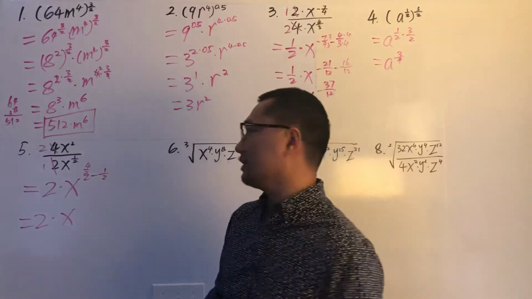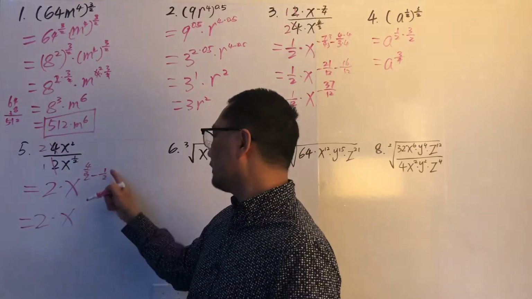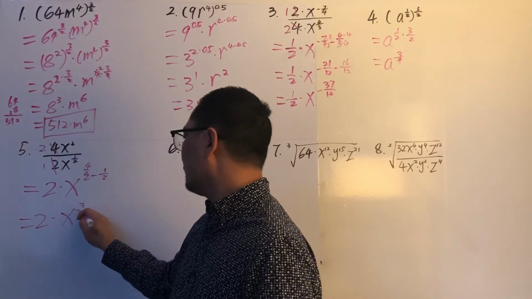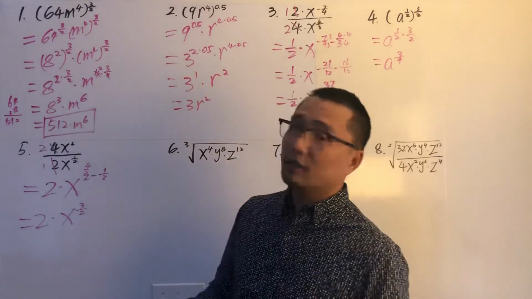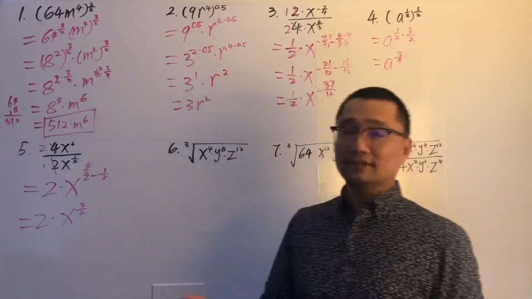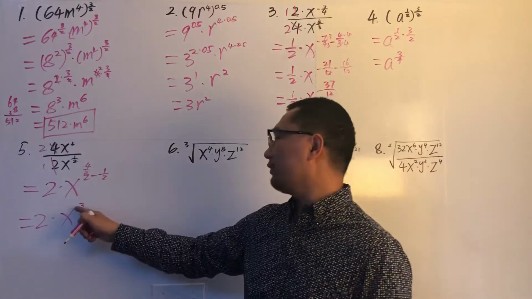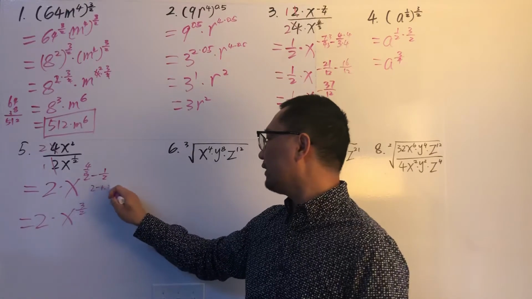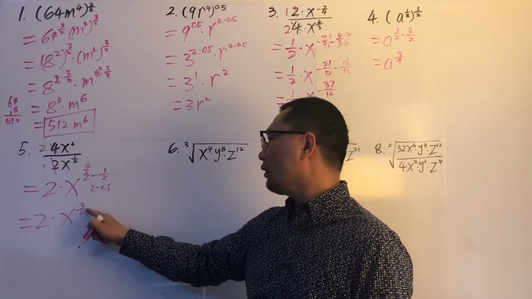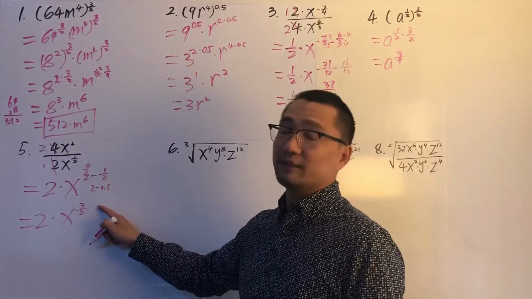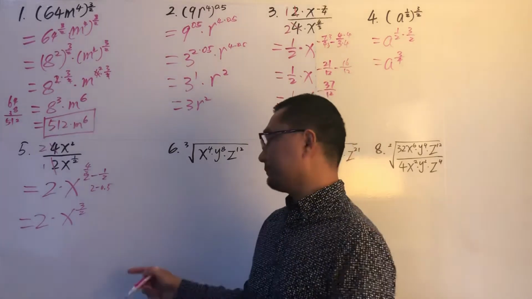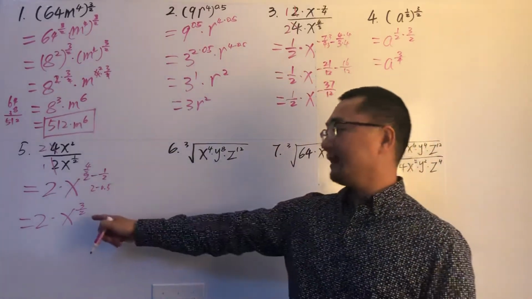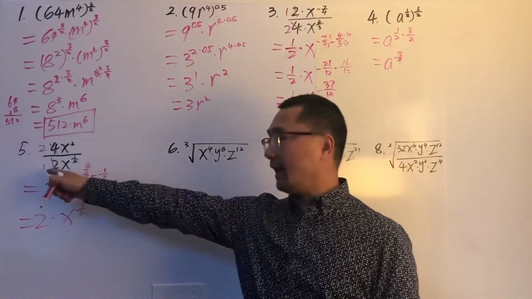Common denominator. 4 over 2 minus 1 over 2, that means it's 3 over 2. So if you want to use decimal, it's fine for me. You have 1.5, because 1/2 is 0.5, and if you write 1.5 as the exponent, it's fine for me. Okay. Also, this is the final answer for number 5.